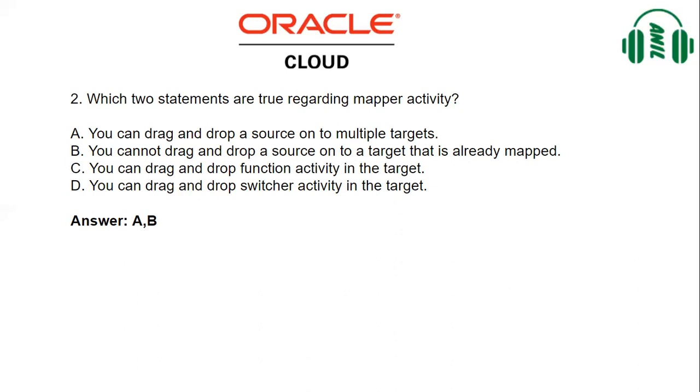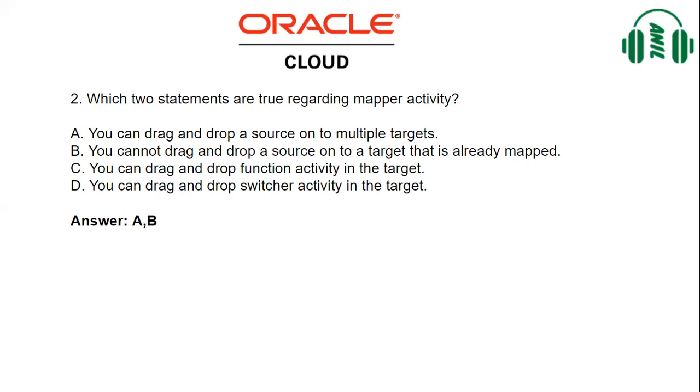In that case, we need to drag and drop these source 2 fields into a single target field. We cannot directly drag and drop. We need to use the concat function, with first field comma second field. So that works. But you cannot drag and drop a source onto a target that is already mapped.